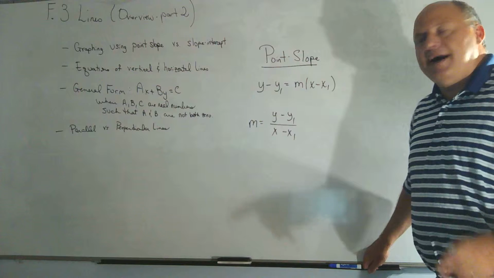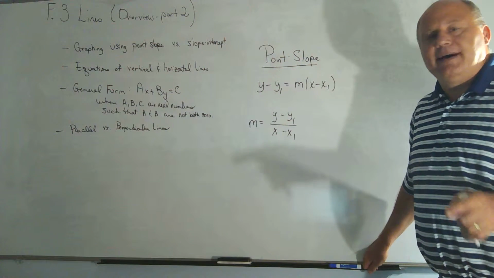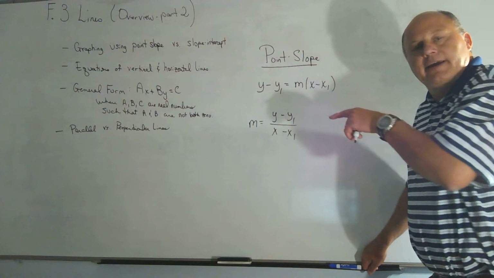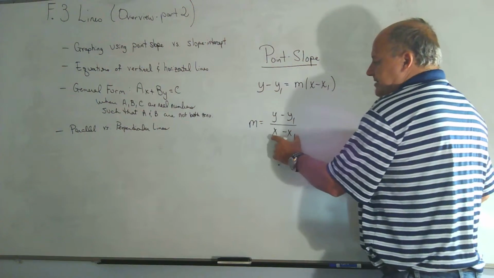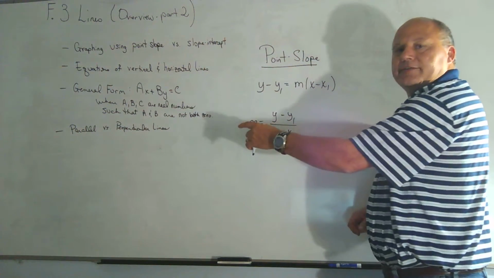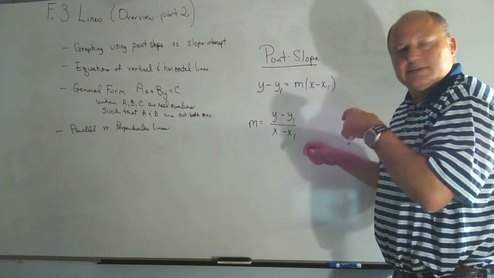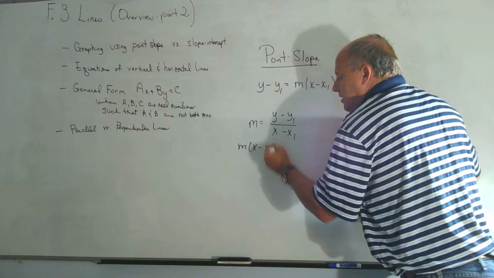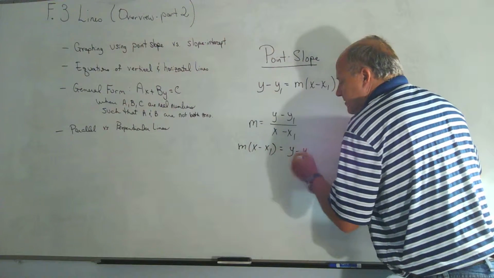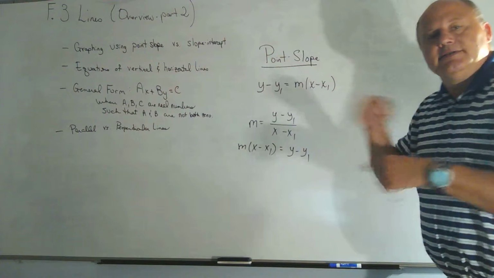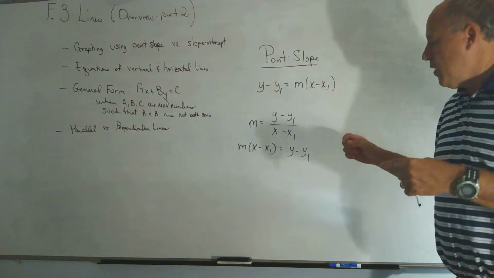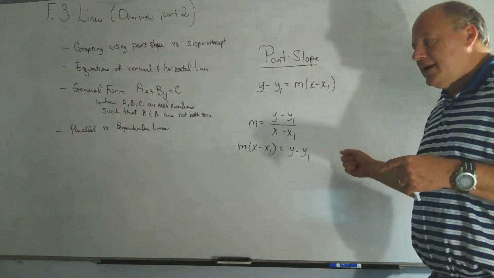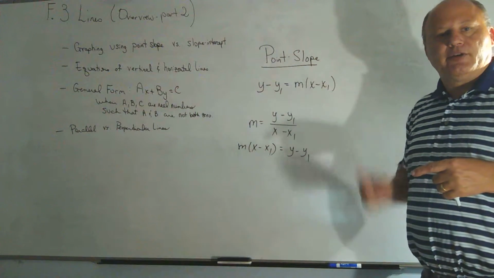So y minus y1 over x minus x1 equals m. Now I'm going to take this x minus x1 and multiply it to the other side, and you'll go, oh, there it is. So m times x minus x1 equals y minus y1. And if you use symmetry and put y minus y1 on the other side, and m times x minus x1 on the right side, you get the point slope formula.